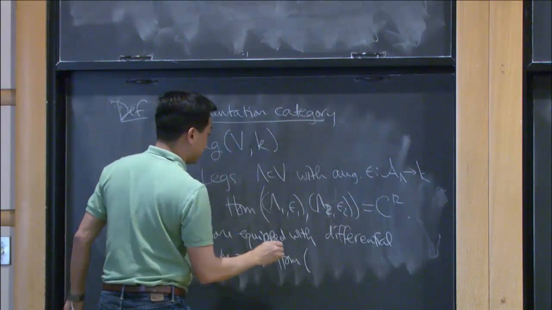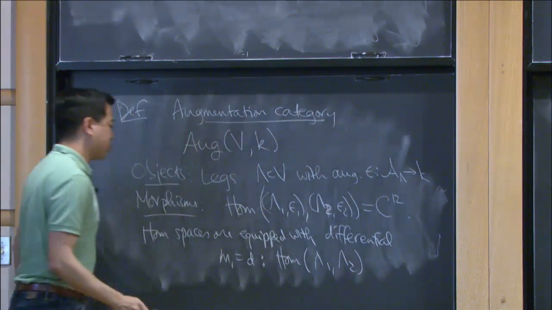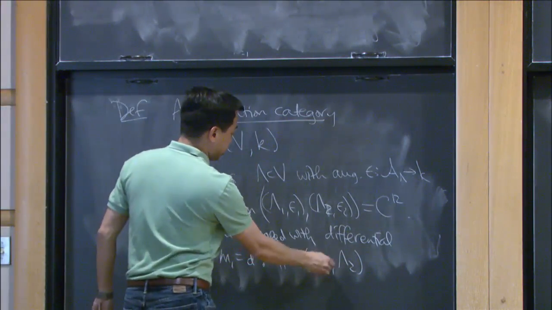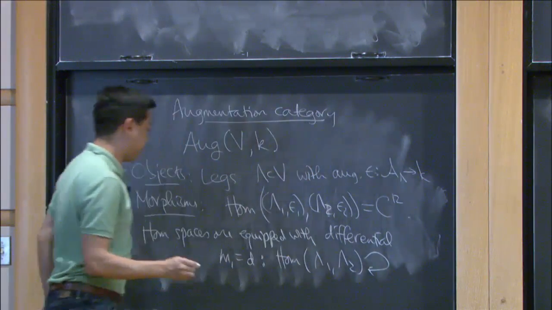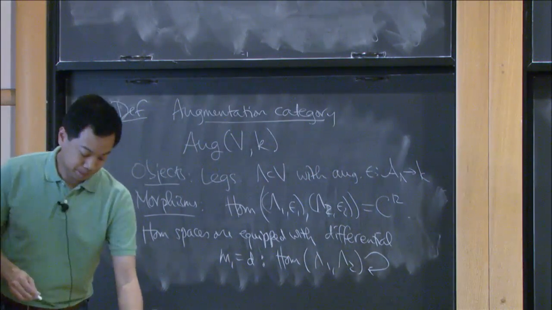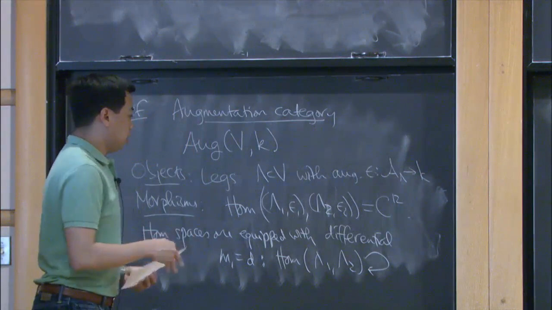I'm also going to start suppressing the augmentations, because otherwise the notation is just too long. So it's going to be hom from lambda 1, which is assumed to have an augmentation on it, and lambda 2 to itself.